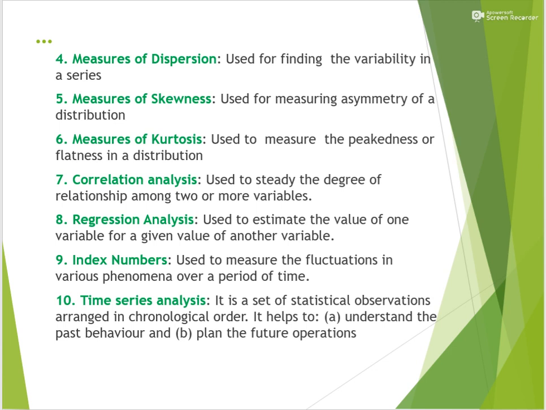The measures of dispersion are used to find the variability in a series. All of you are familiar with the important measures of dispersion such as range, interquartile range, quartile deviation, mean deviation, standard deviation, etc. The next one is measures of skewness.